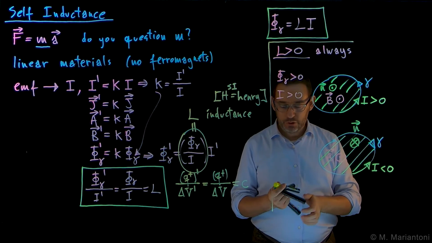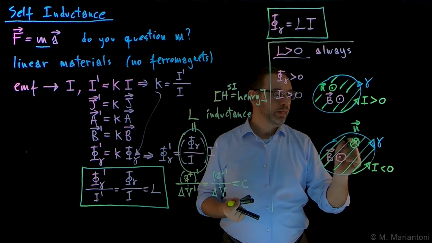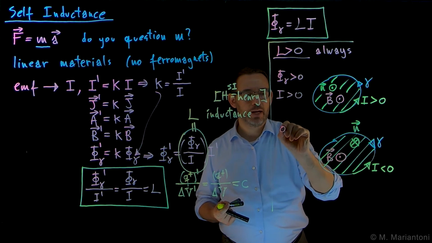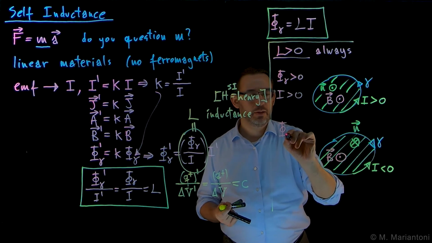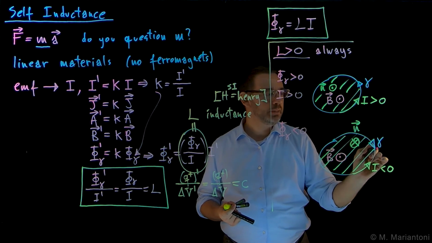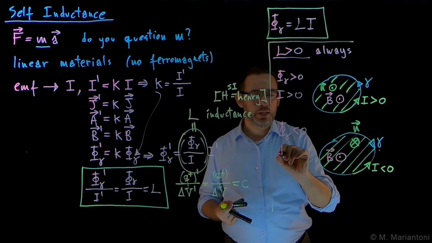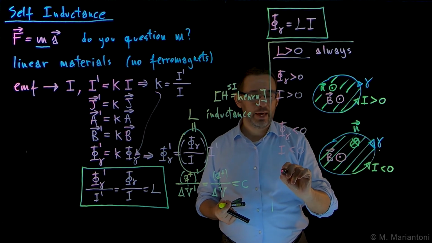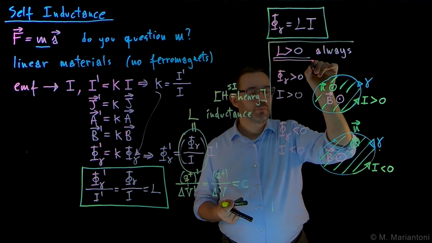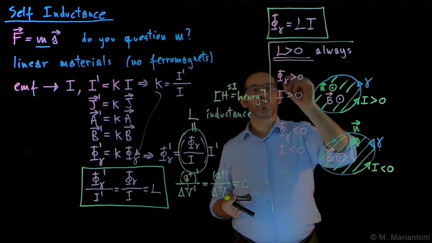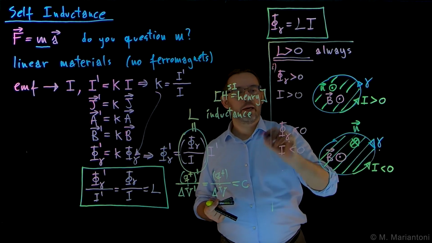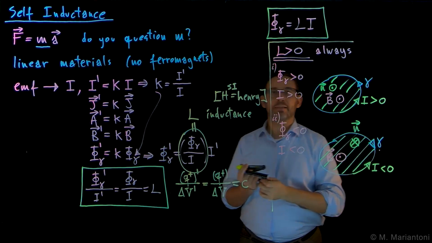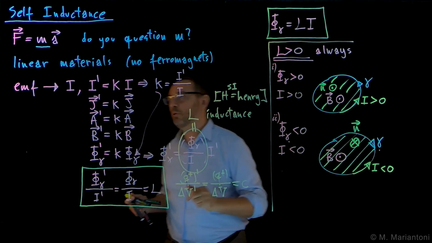So we have in this case, clearly, a negative flux because n and B point in the opposite direction of each other. So the flux with this new convention on gamma is negative for this specific gamma here. The current is also negative in this convention. And the final result is that L remains still positive, no matter what. So in both these cases, 1 and 2, the inductance remains positive, okay, which is an important property.